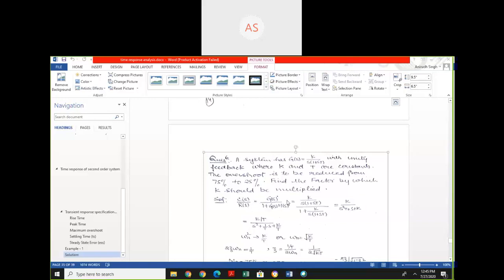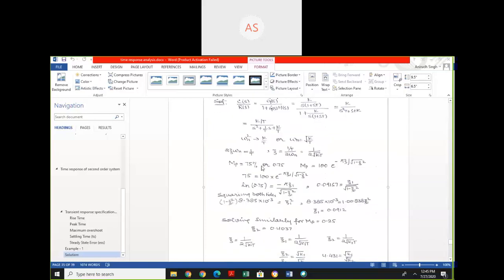C(s) by R(s) given by this equation, and substitute the value of G(s) and H(s), you get the value of C(s) by R(s). And if you simplify, you get this, and if you compare, this is omega n square, this is 2 zeta omega n, and here you calculate the value of omega n and zeta and substitute the value of zeta and omega n in peak overshoot.